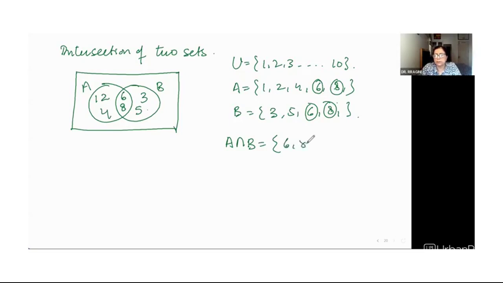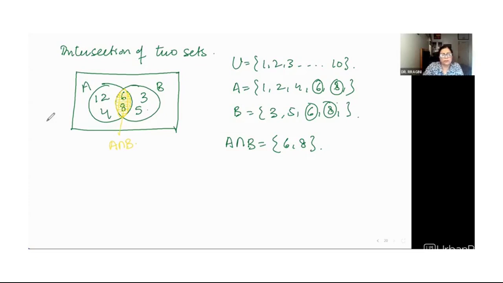So when you write elements, it is 6 and 8. If you have to mark the region on the Venn diagram, it is this portion, right? This is the portion which is A intersection B.